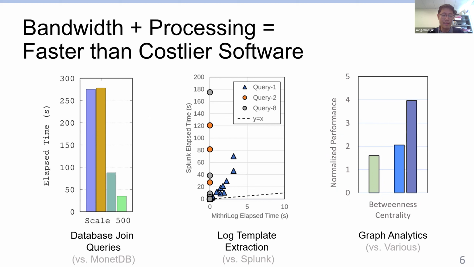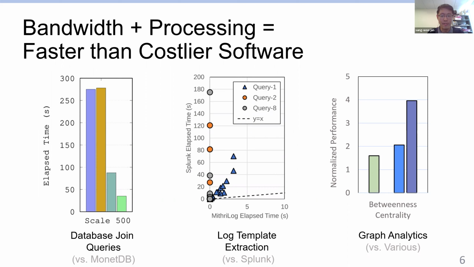ourselves and many other research teams out there have demonstrated much faster performance using these near storage accelerators, even compared to much costlier software systems with enough DRAM memory capacity to not have to access storage at all. You don't have to pay attention to the details of these charts right now.